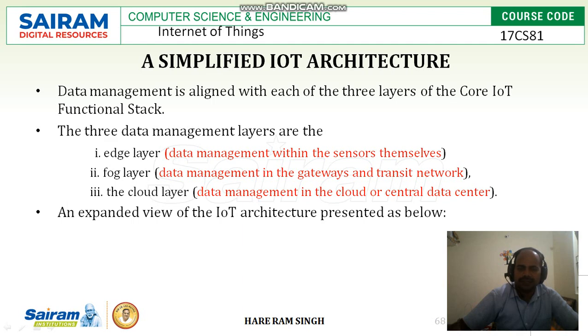Then how the data will be stored, with what replication each data will be stored, and what will be its format. All of this data management will be done at the cloud layer.